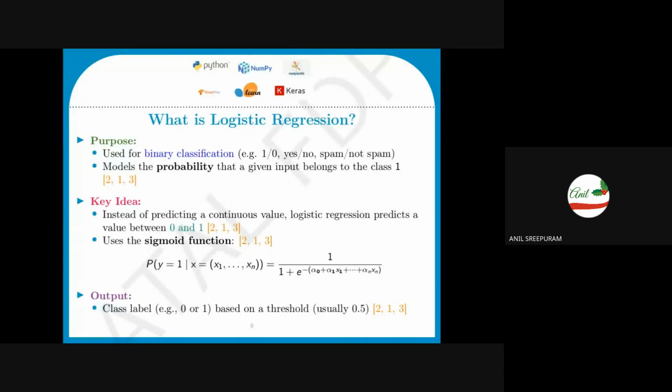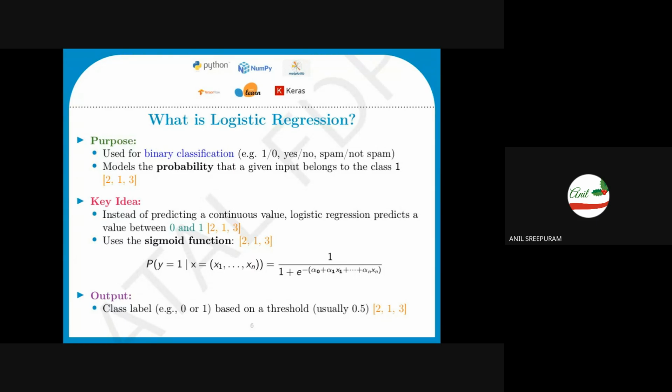You may wonder why I have not taken the probability of y equal to 1 as alpha 0 plus alpha 1 x1 plus alpha 2 x2 plus so on, or alpha 0 plus alpha 1 x1 plus alpha 2 x1 square, like we did in linear regression and polynomial regression.